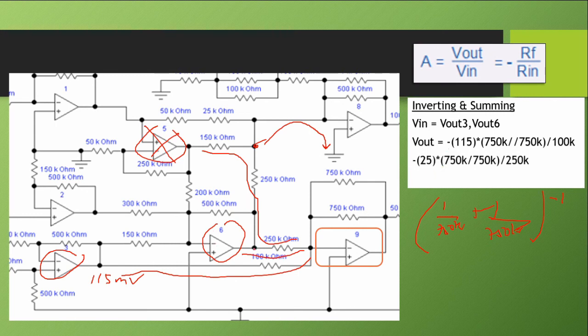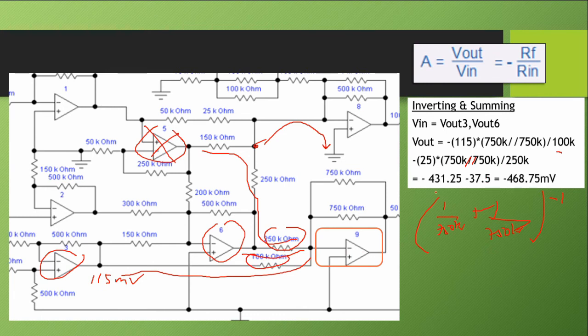And then for V6, that's 25 millivolts, so negative of 25 times 750K parallel to 750K over 250K. For V3, the series resistance is 100K.